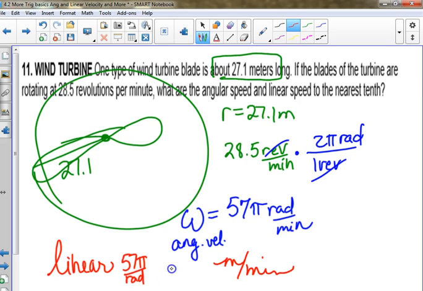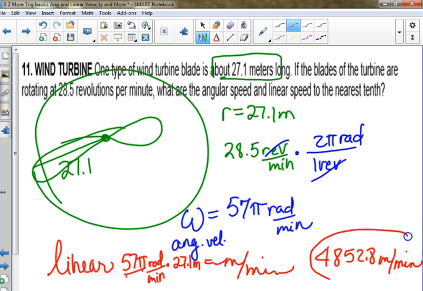I wrote that wrong. I need it to be a distance, guys, so what are we going to multiply by? This is radians per minute. We're going to multiply it by 27.1 meters so that we get meters per minute. So 57 pi times 27.1 is 4852.8, and that's meters per minute. Did they give us the label they wanted? No, right? So we can leave it in meters per minute.